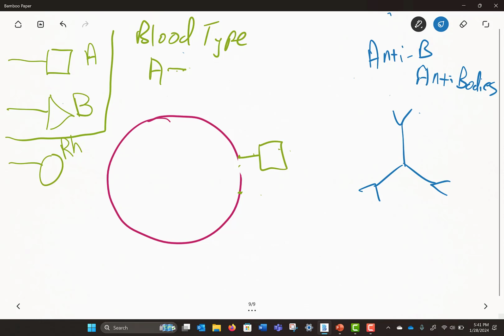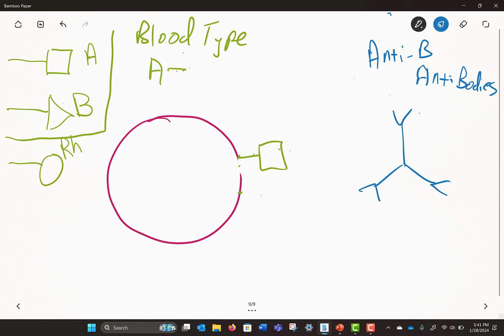antibodies. But if they ever come into contact with Rh positive blood, for whatever reason, maybe they have a blood transfusion that's incorrect, maybe they do the thing that little boys used to do a long time ago and do blood brothers.